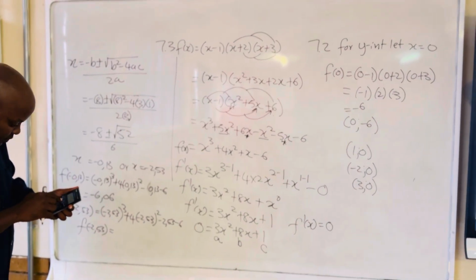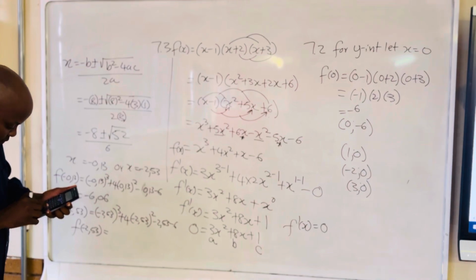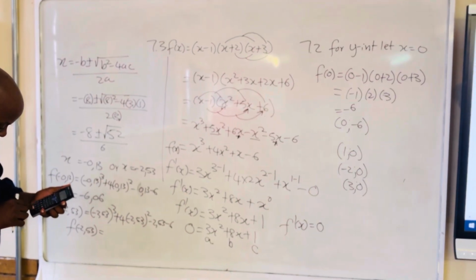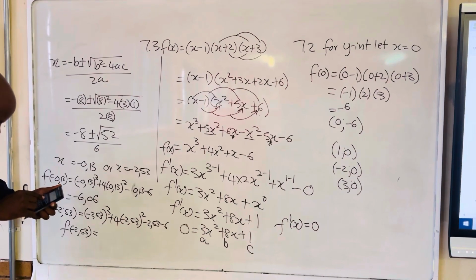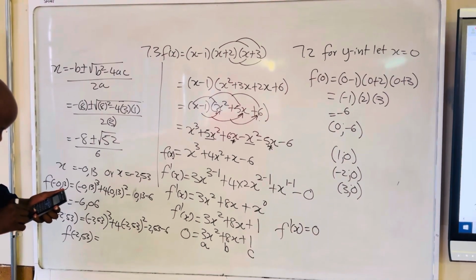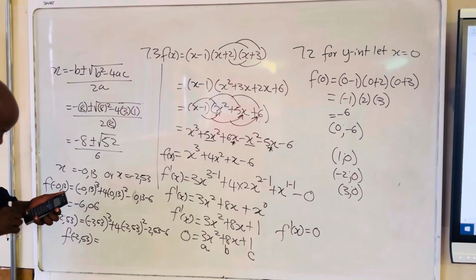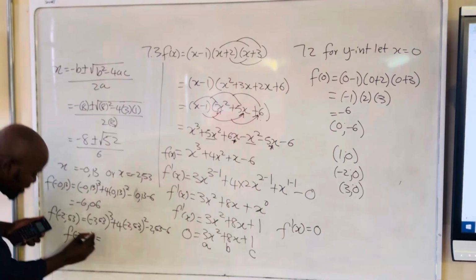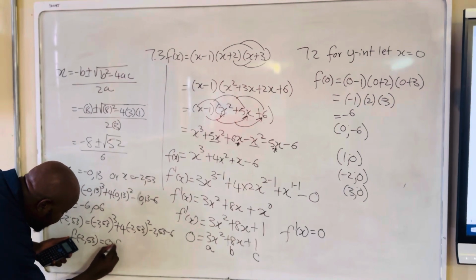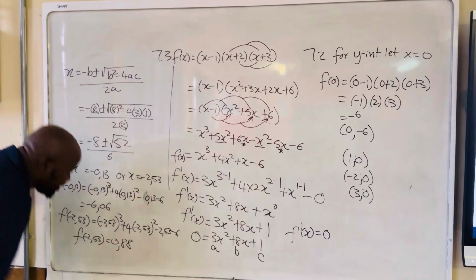2,53, negative 2,53, negative 2,53, which is going to have how much? 0,88.